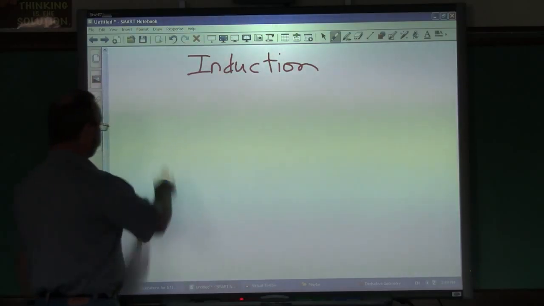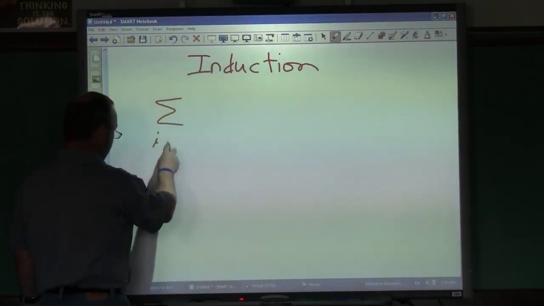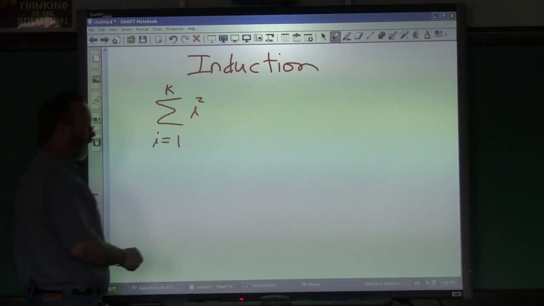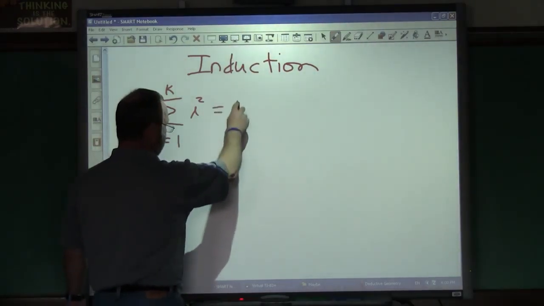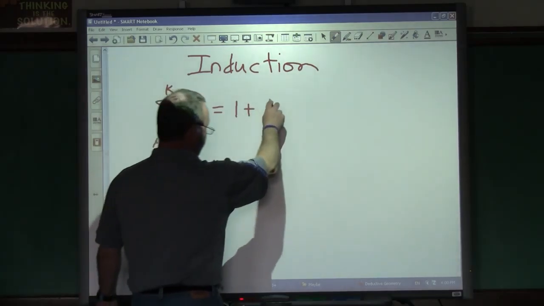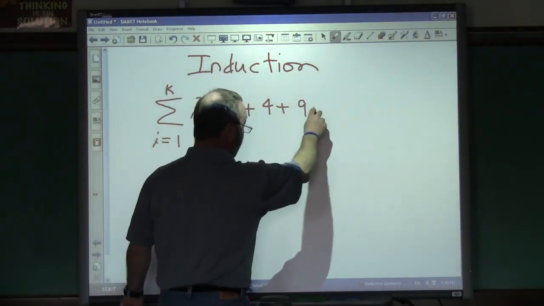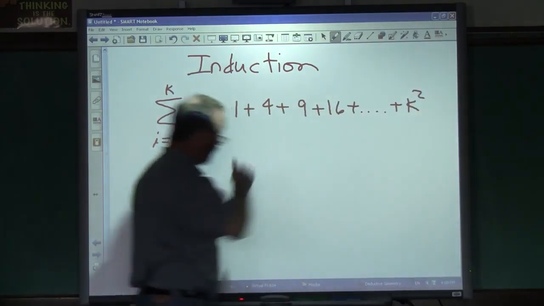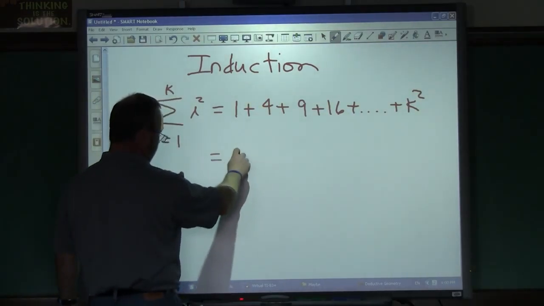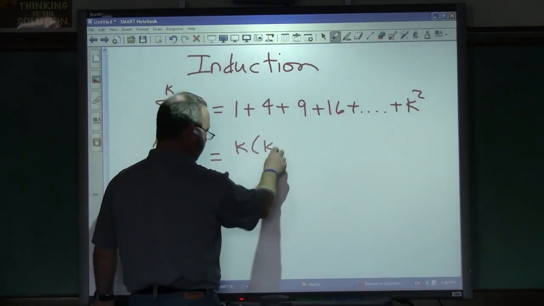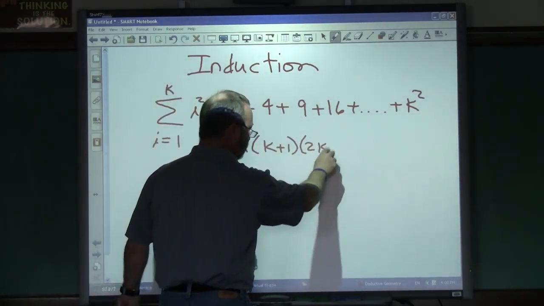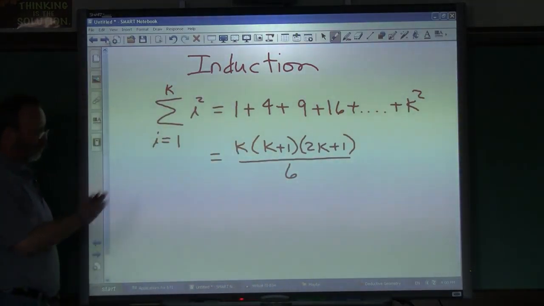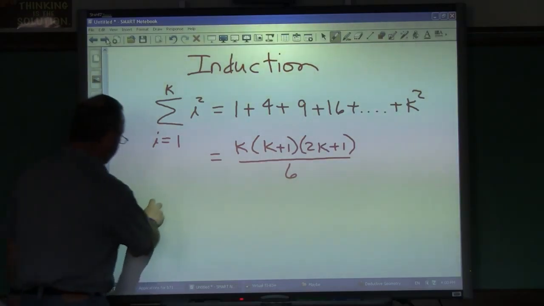So as an example, I want to show that the sum from i equals 1 up to k of i squared, which remember is equal to 1 plus 4 plus 9 plus 16 plus all the way up to k squared, equals k times k plus 1 times 2k plus 1 all over 6.